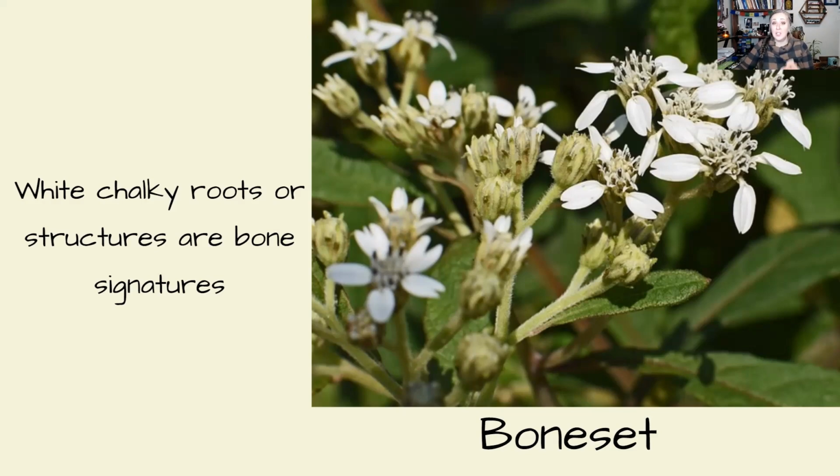It is used to set a bone after a break. So we need to remember to look at the names of these plants, both the scientific name, the common name that we would call them, and the names that these plants have been called in certain traditions and cultures across the world.